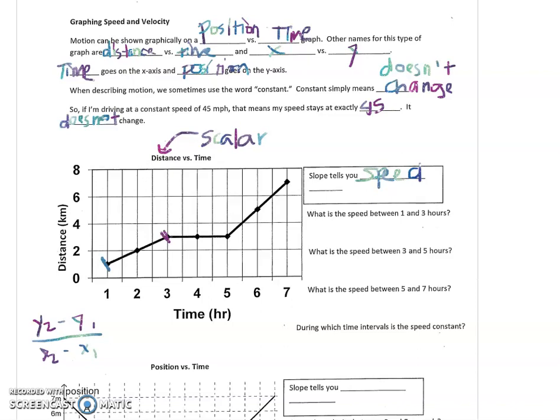This is at about 3 kilometers. This is at 1 kilometer. So you would do 3 minus 1, and this is at 3 hours and 1 hour, over 3 minus 1, which is 2 over 2. Remember to not leave it as a fraction and actually calculate it. So the speed here would be 1 kilometer per hour.